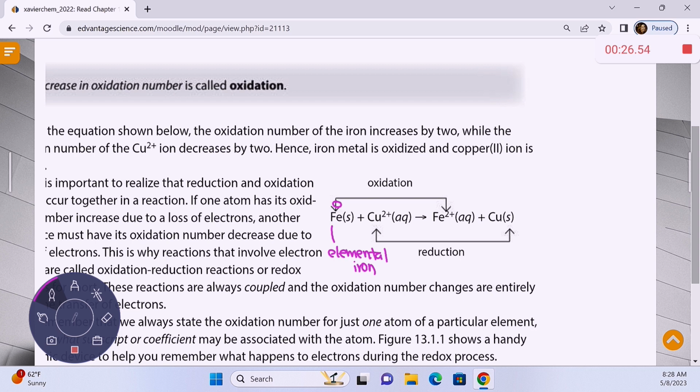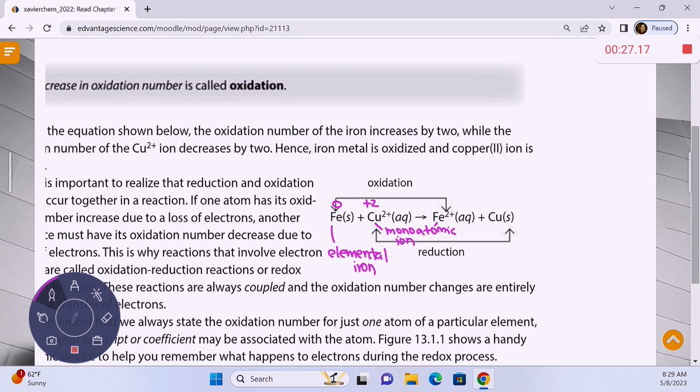Okay. Cu plus 2 is a monoatomic ion. So that means its oxidation number is the same as its charge, which is plus 2. So you're going to put a plus 2 above it. Then you've got Fe plus 2, also a monoatomic ion.